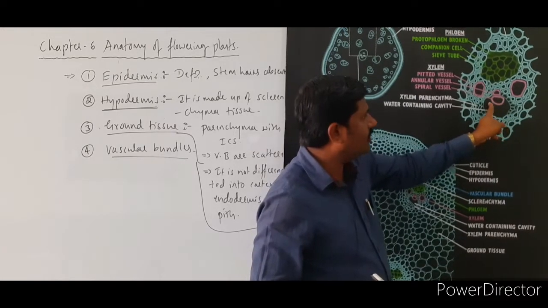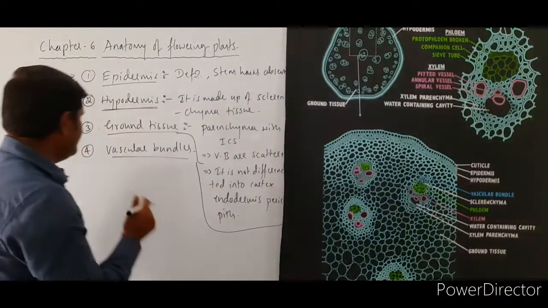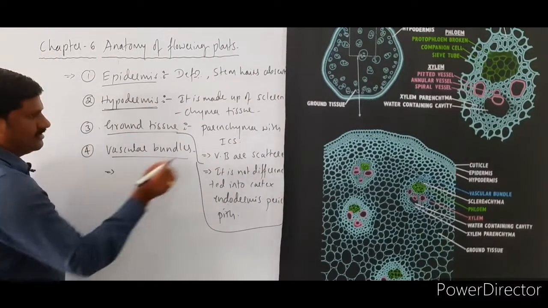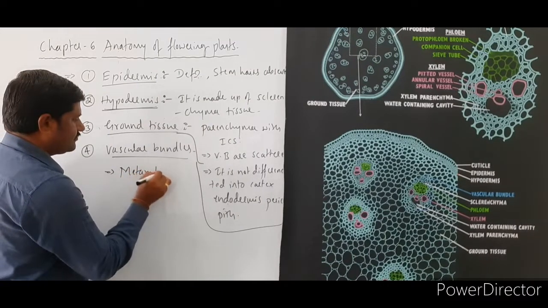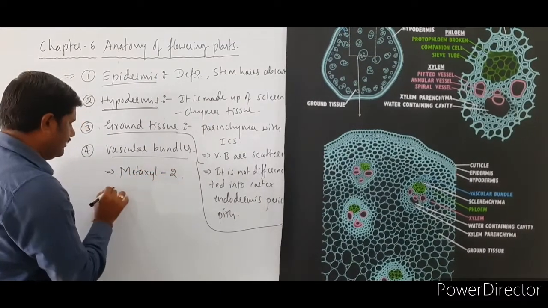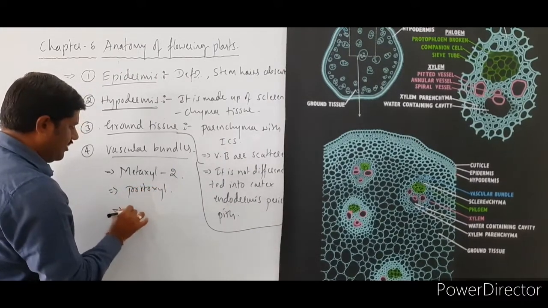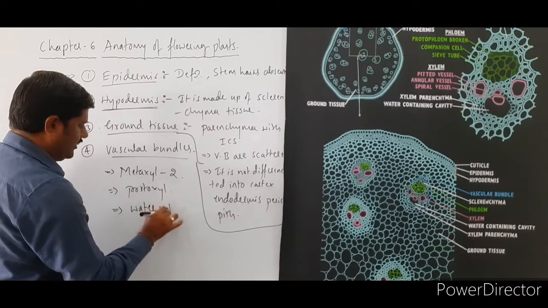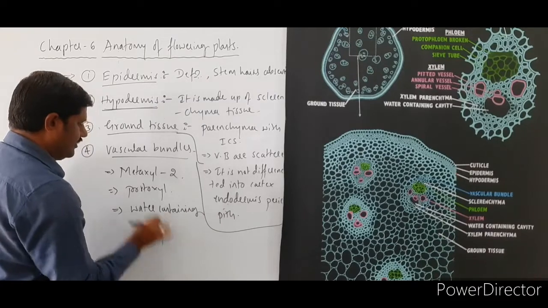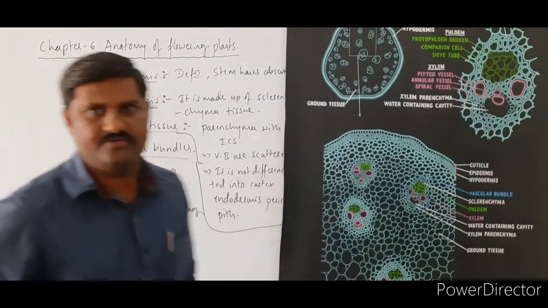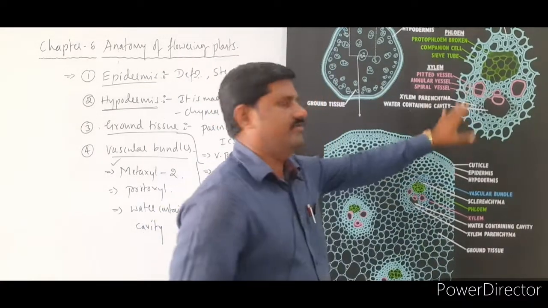Water containing cavity is seen over here, right? So vascular bundles mainly consist of metaxylem, two in number, and protoxylem, along with that one water containing cavity. This point is very important one.